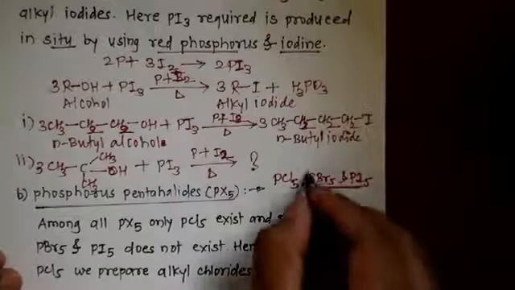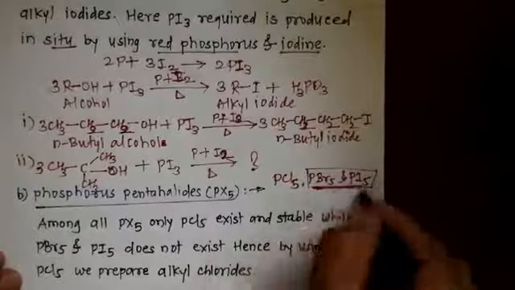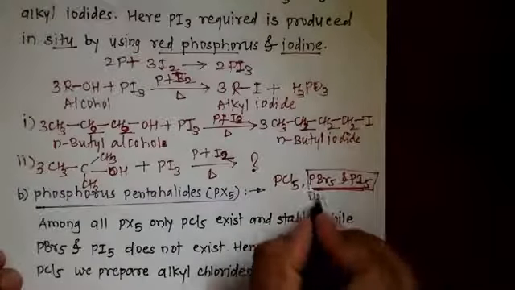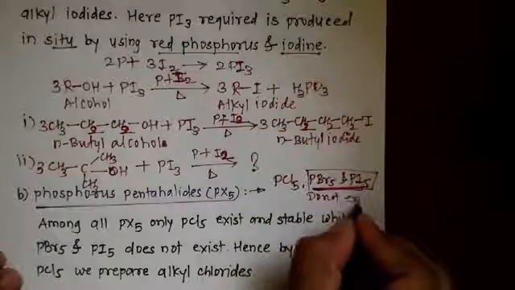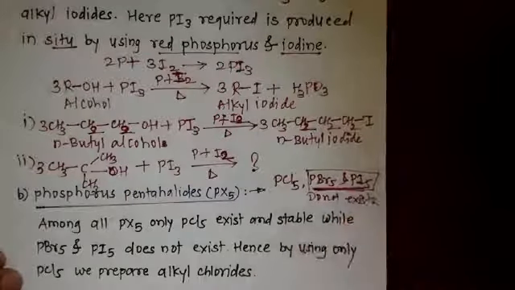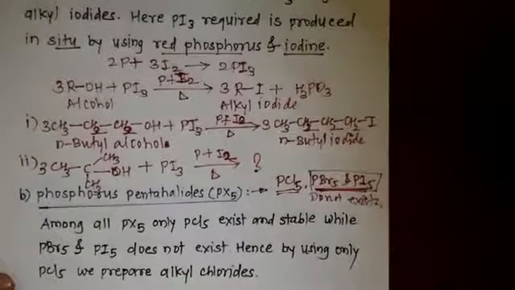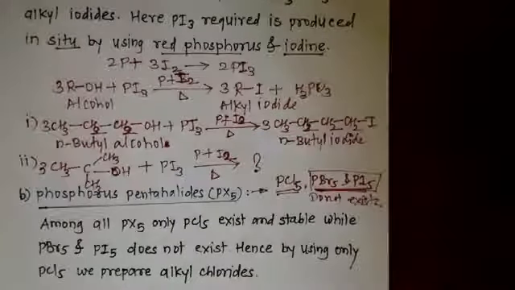But among all these 3, PBr5 and PI5 do not exist. Only PCl5 is stable and exists.